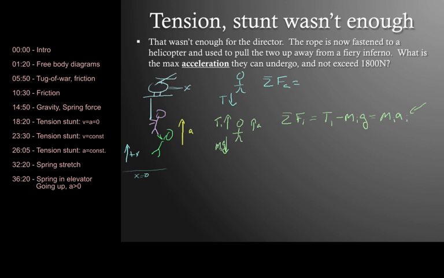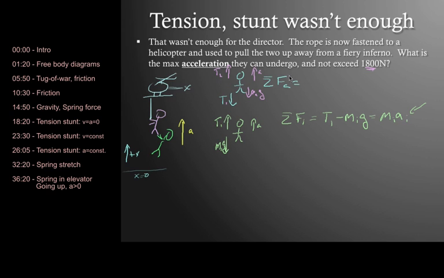We'll get back to that. So now for my actress now has T2, and that's what I really care about. It better not exceed this 1800. And then she has her mass, MAG, and she's also accelerating up. So have I included all the forces? This should be T1. Okay.